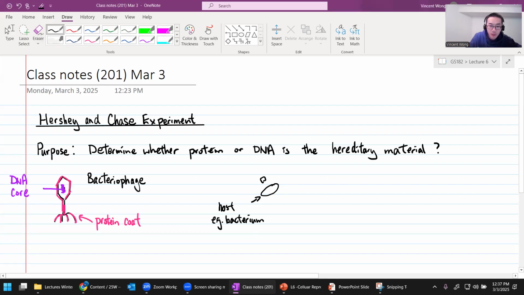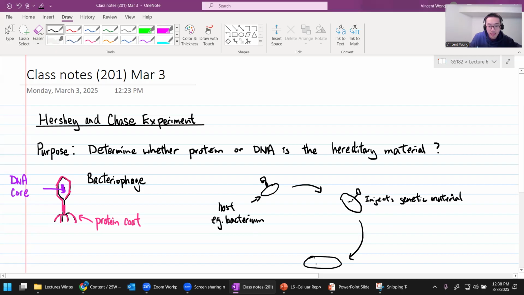So basically, the virus lands on it, okay, and then it injects genetic material, which we know is DNA now, but they didn't know. That's the whole point of what I'm trying to tell you.